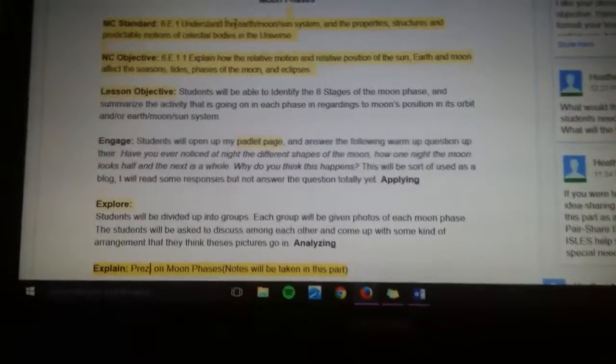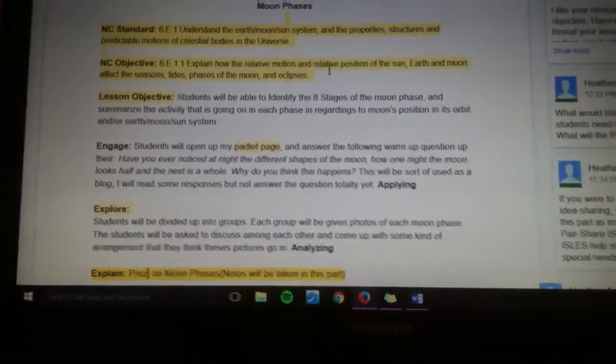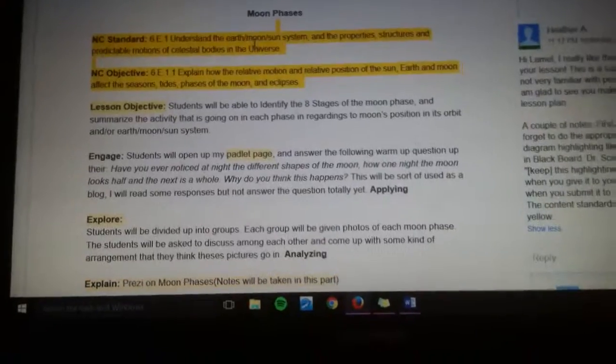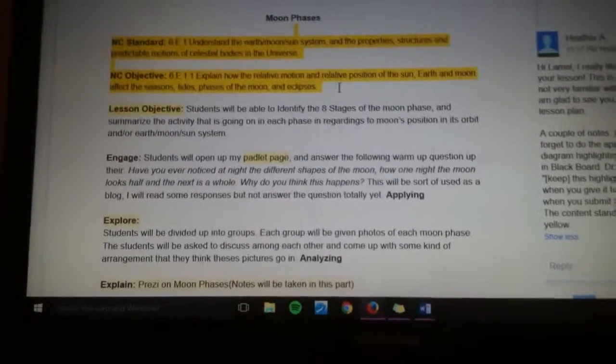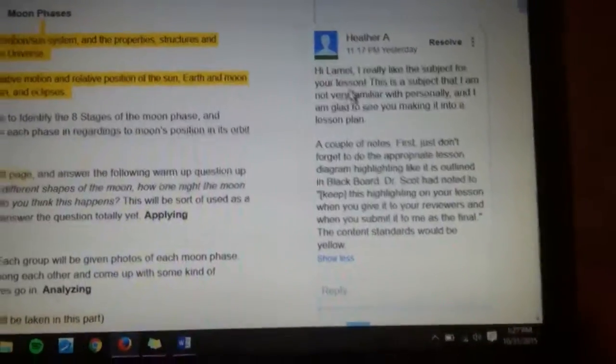Let's see. So I wanted to start with your standards and objectives. In my first comment, I know I left a lot of comments. This is the first one. It begins with "Hi Lamel," in case you don't see it when you first open it up.